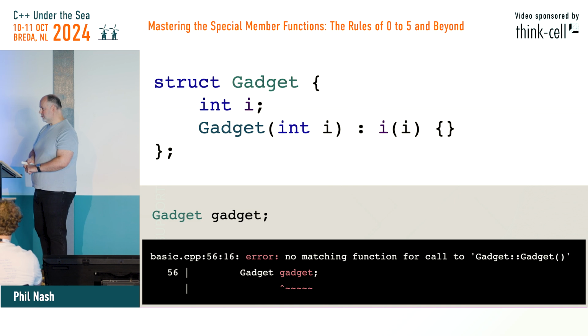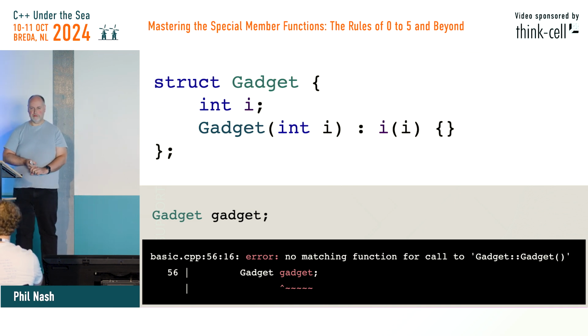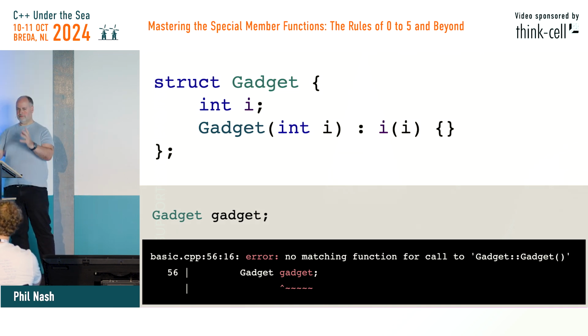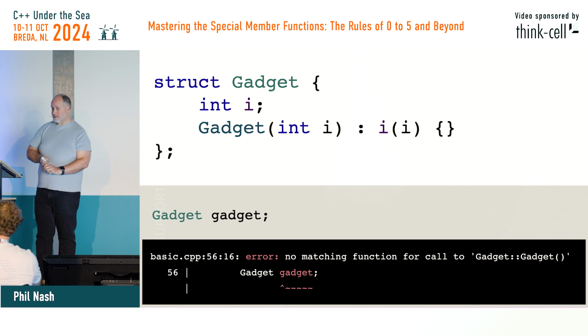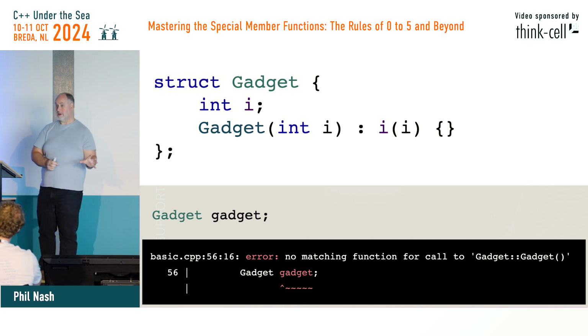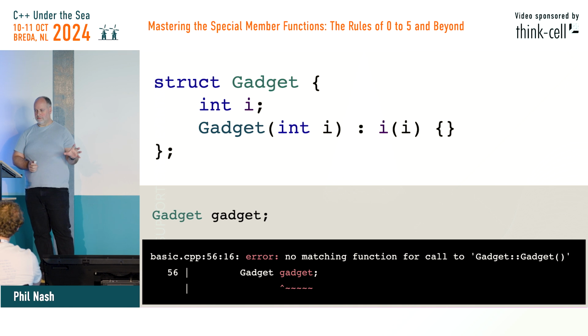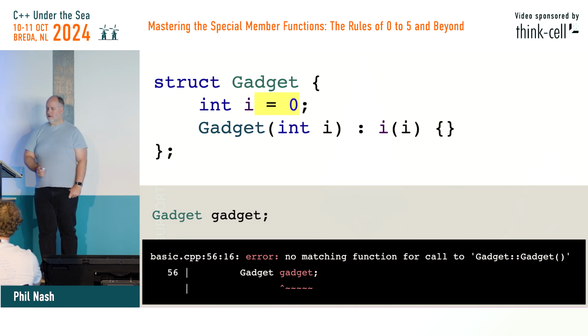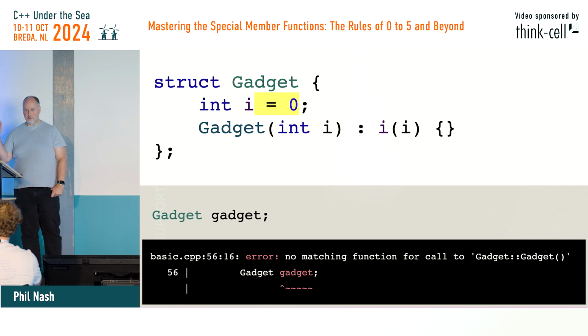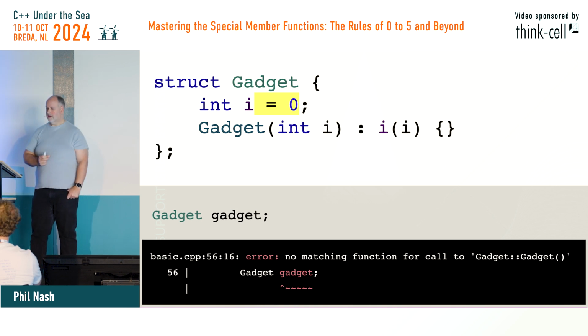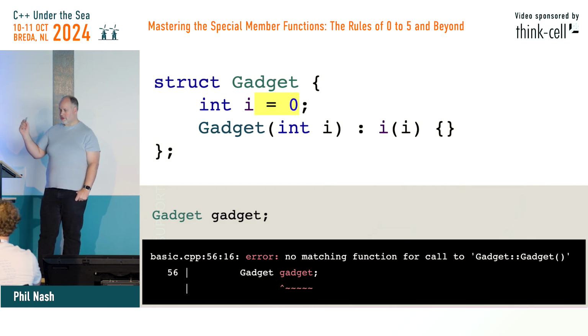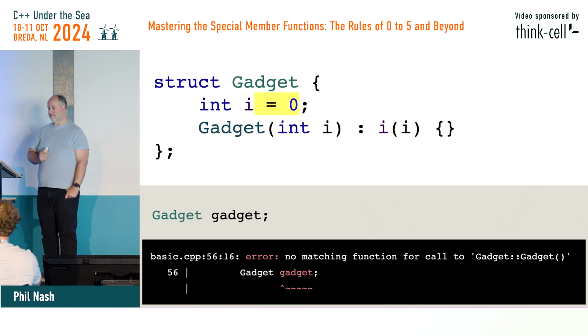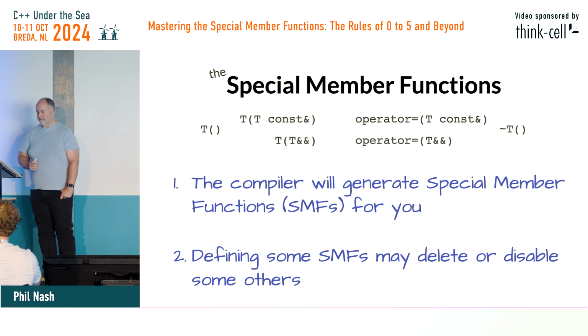So this is nice, this is good, but it's something to be aware of, that by writing a custom constructor, we've inhibited the default constructor from being generated. It's one of the special member functions. That may be what we want. And that's true, of course, even if we did default initialize the integer in the body as well. Still can't default construct it.